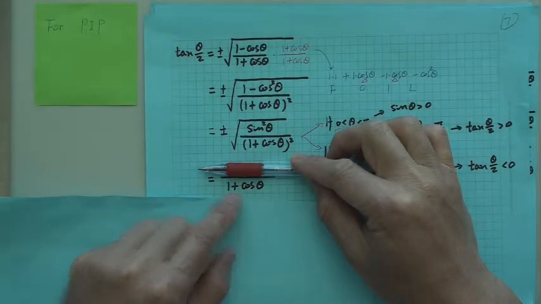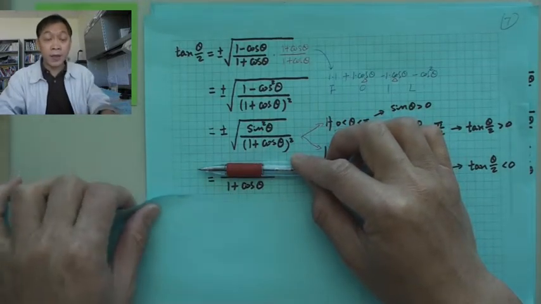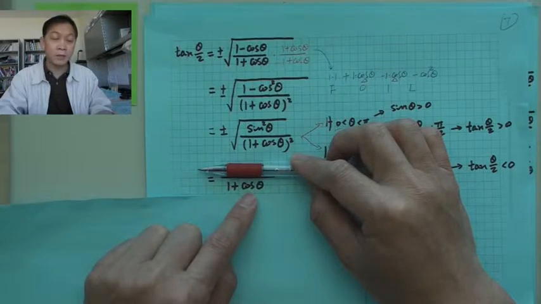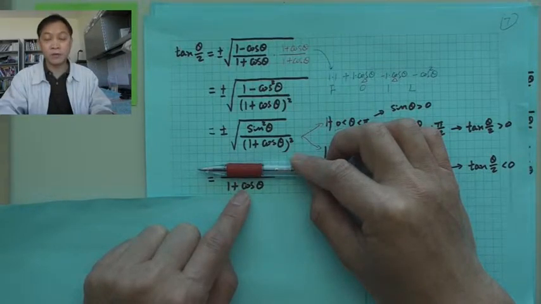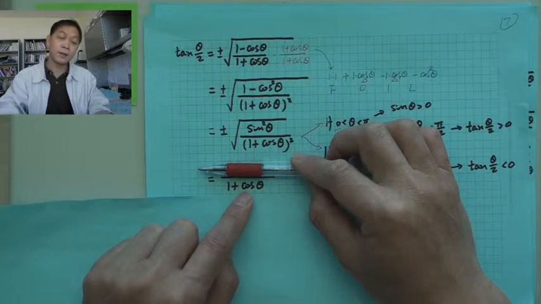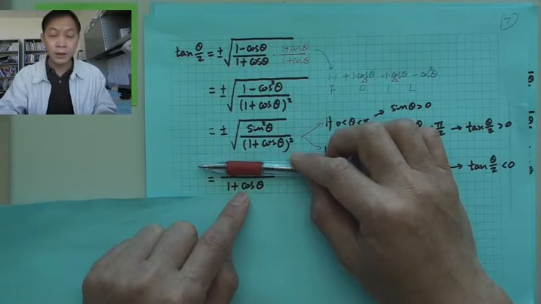Remember, because cosine theta is less than or equal to 1 and greater than or equal to negative 1, you always get positive. Okay? You always get positive. Yeah, there are some details down here. I'll leave you to figure out. I don't have too much time to figure out here. Alright.